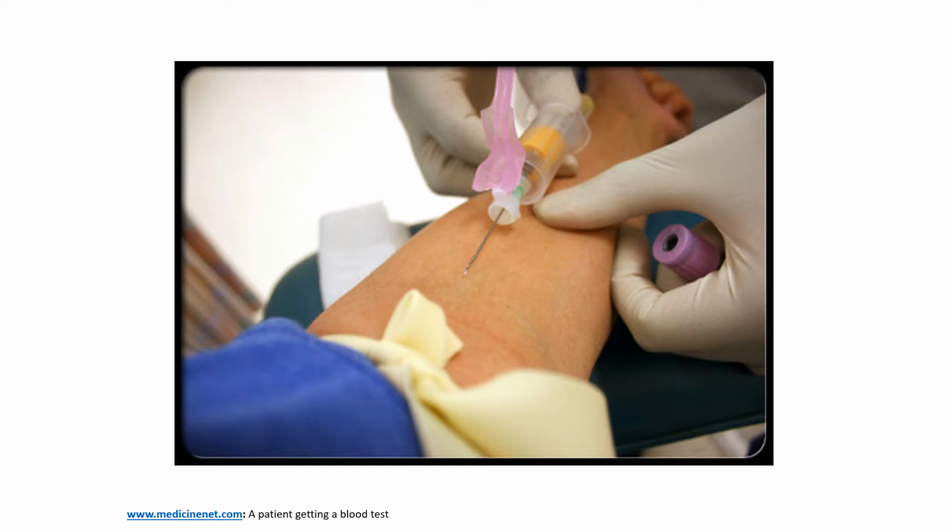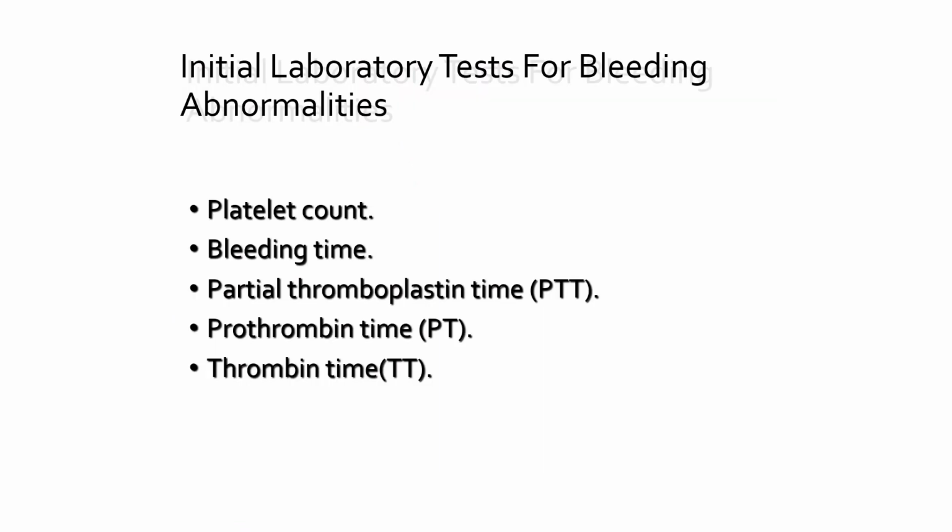So if you have a patient with a bleeding disorder, the problem is either in the platelets or in the coagulation pathways. For that reason, you should have two tests. One to assess the intrinsic pathway, which we call the PTT test, partial thromboplastin time test. And one to assess the extrinsic pathway, which we call the PT test.